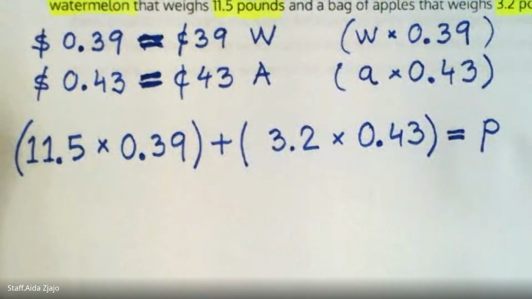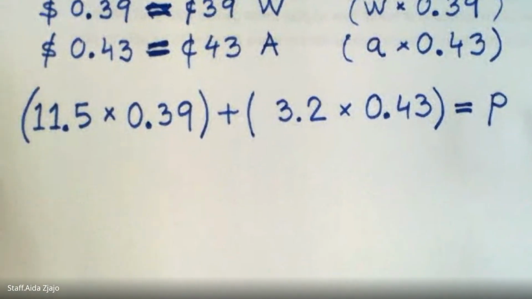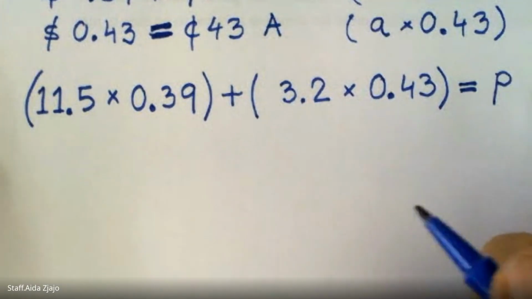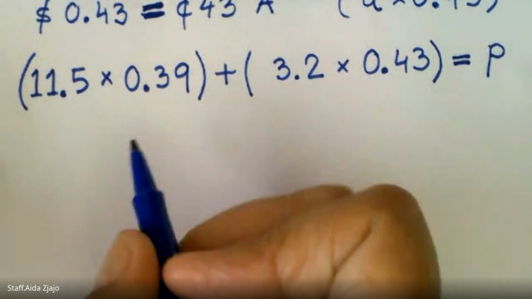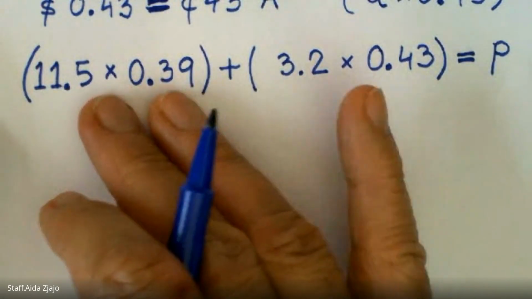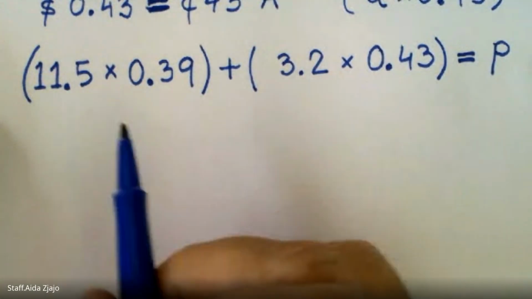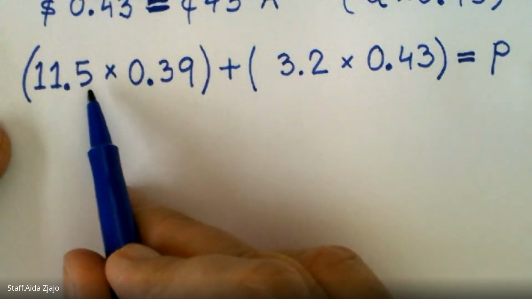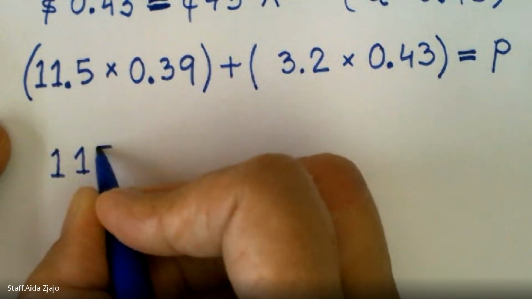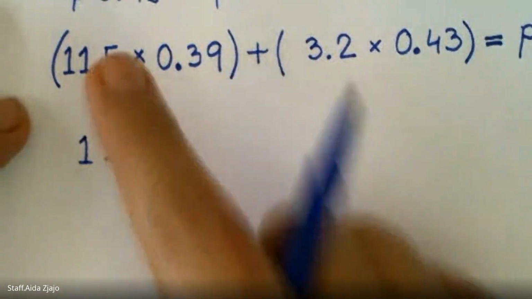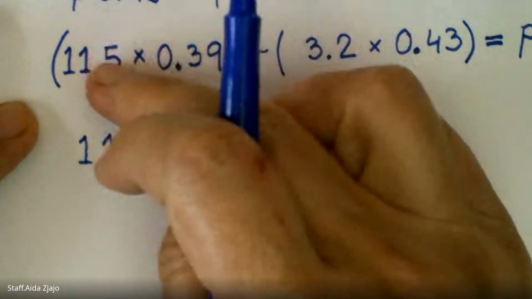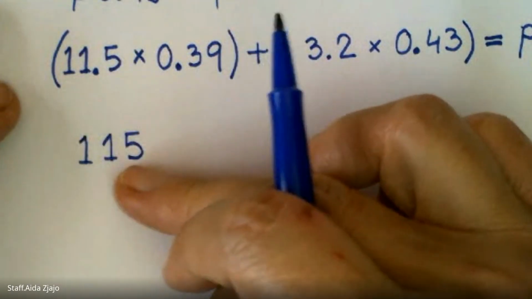We could, if you want to continue, see how much she pays additionally. Let's do that, just to review multiplication of decimals. Thinking of this 11.5, we can think of it as 115 tenths, because we pretend that 5 tenths changes all of this into 115 tenths.